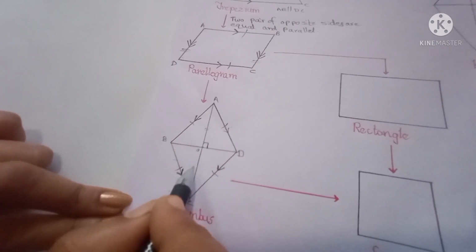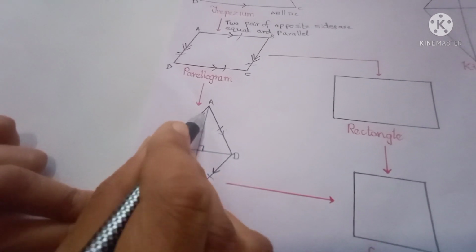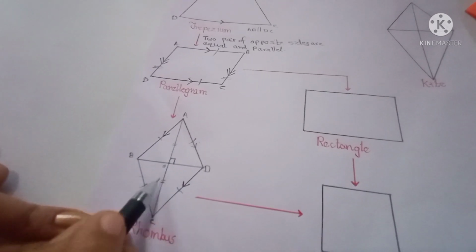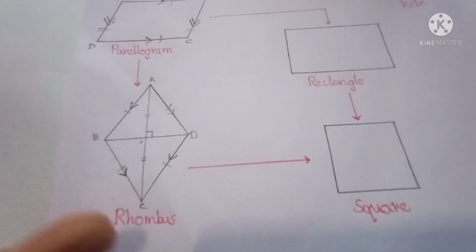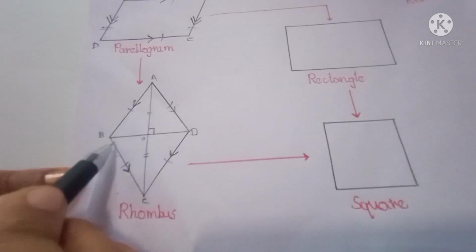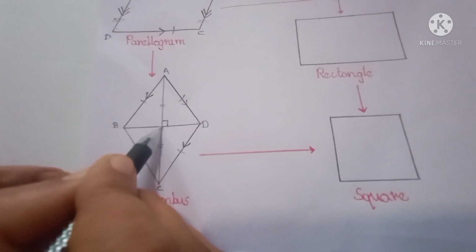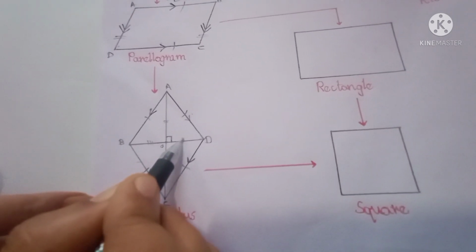Bisects means this value will be equal to this value. It means AO equals OC, two equal parts. And also BD, O divides it into two equal parts.